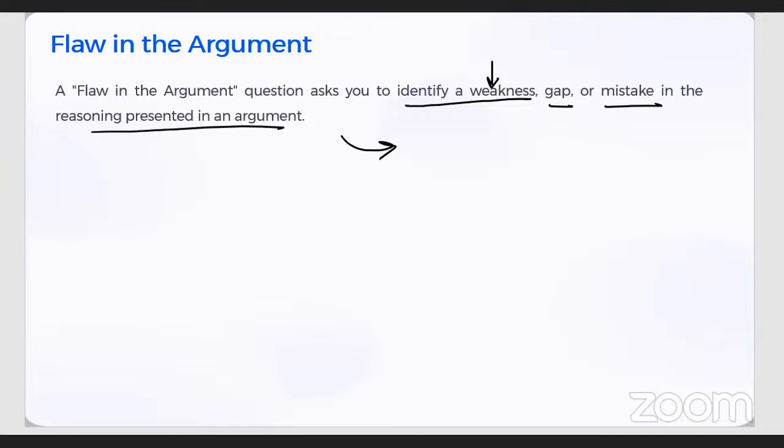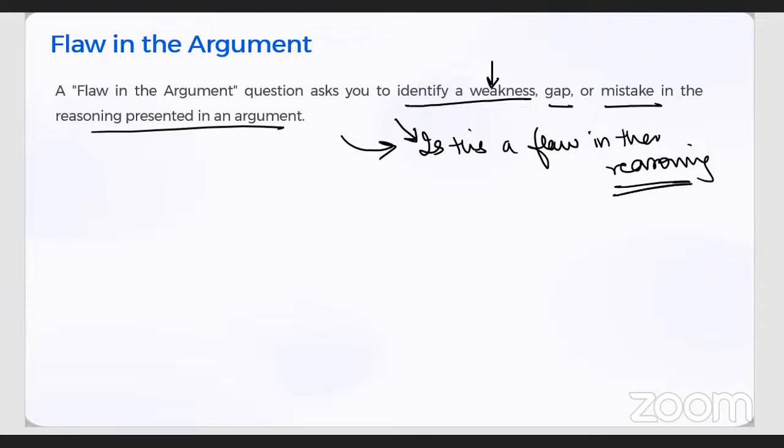What you need to constantly ask yourself is: is this a flaw in the reasoning? Now, the options presented might present you information that's commonsensical, might present you information that might be true by itself. But the question you're constantly asking yourself is: is this a flaw in the reasoning?